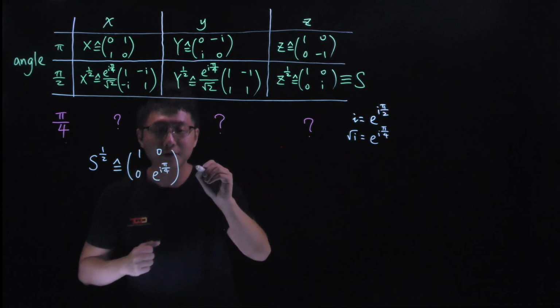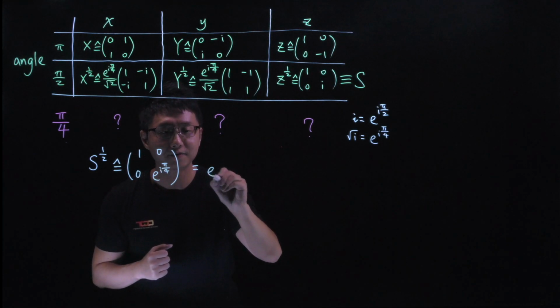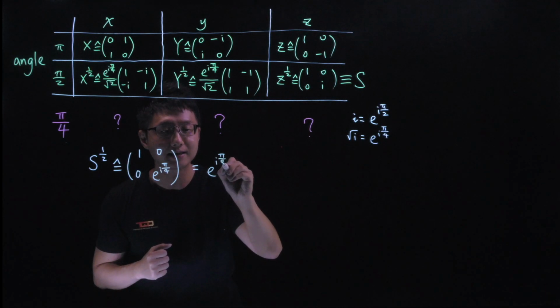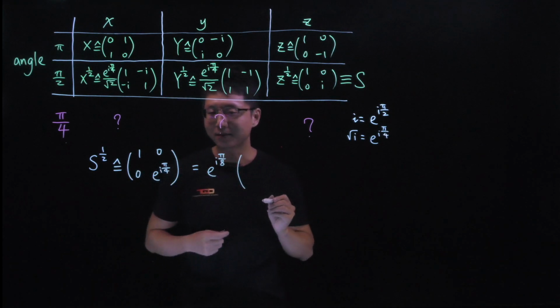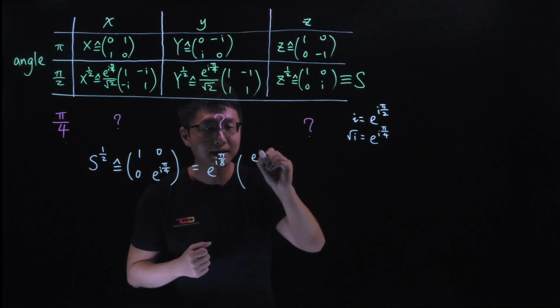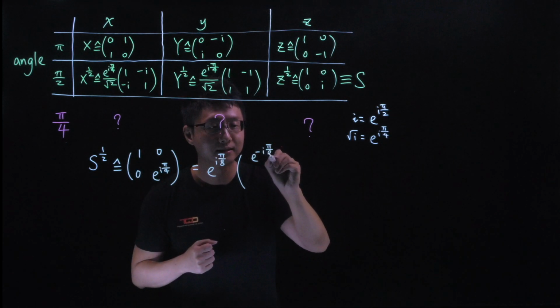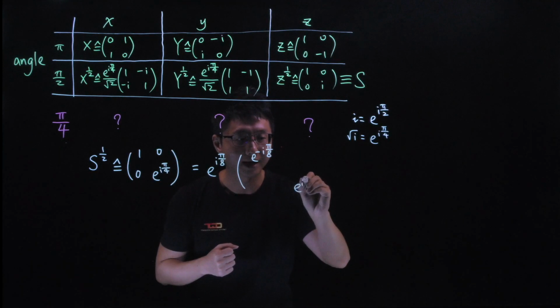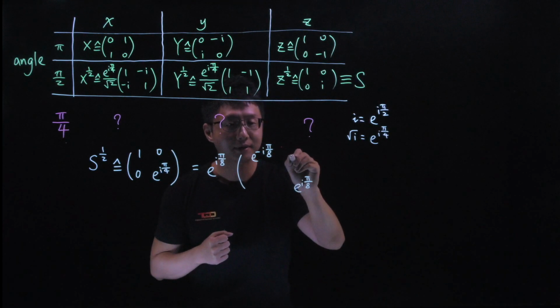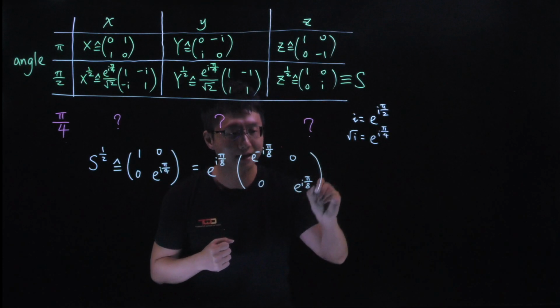By convention, we normally factorize out a global phase of e to the power of i pi over 8 and write this matrix in a more symmetrical form, with the two diagonal elements being e to the power of minus i pi over 8 and e to the power of i pi over 8, with zeros on the off-diagonal elements.